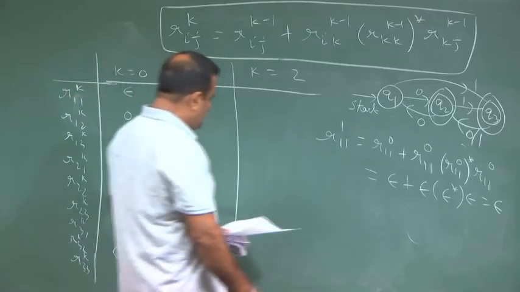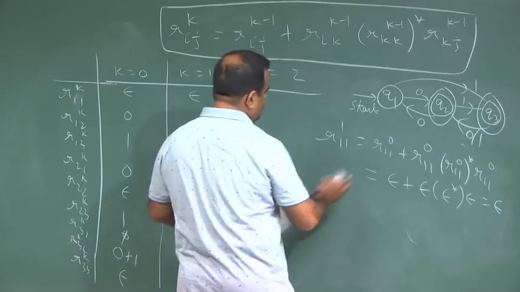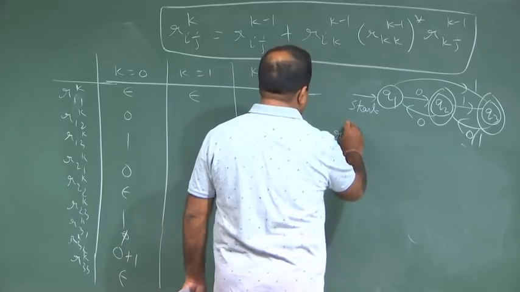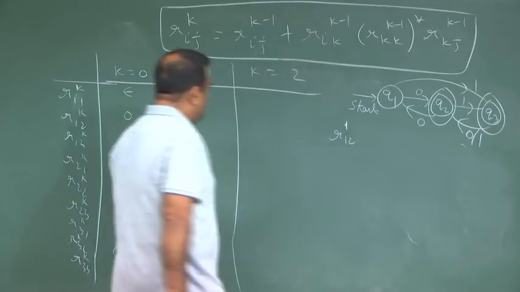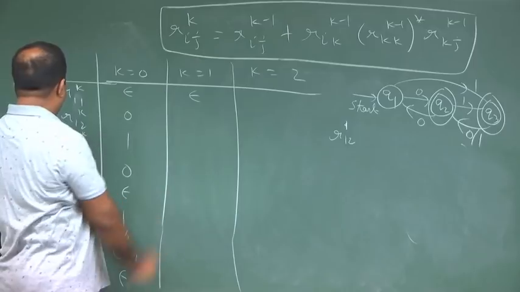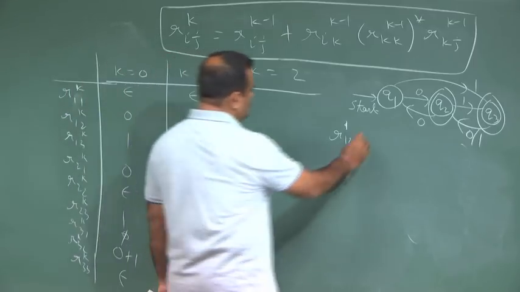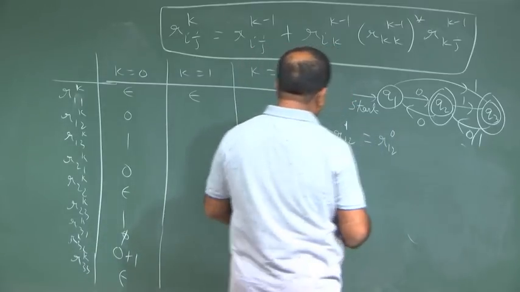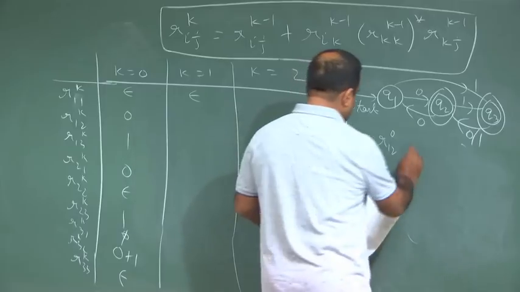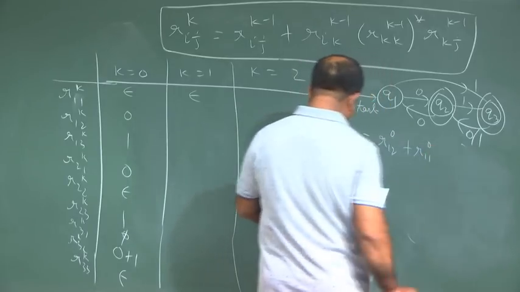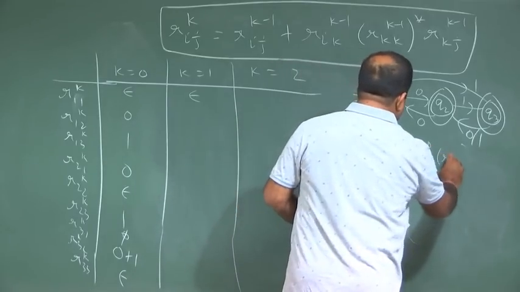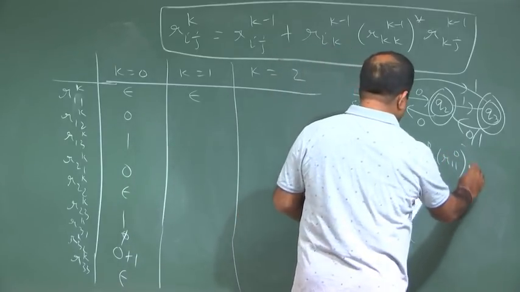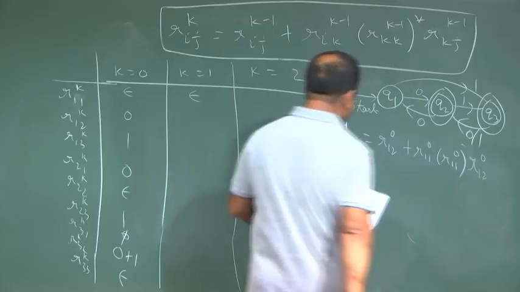Okay. Similarly, if we have R 1 2 1, using this formula it is R 1 2 0 plus R 1 1 0, R 1 1 0 star, then R 1 2 0.